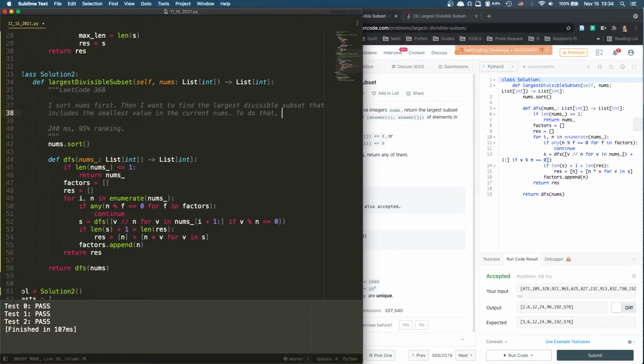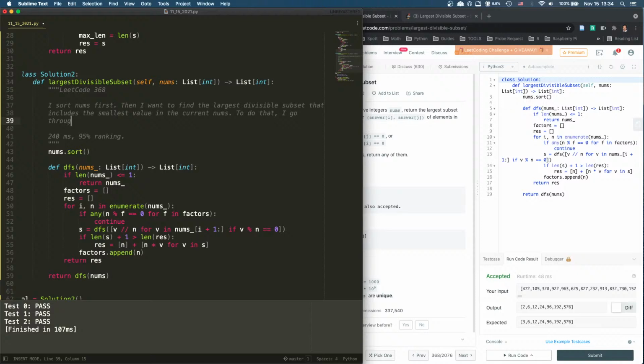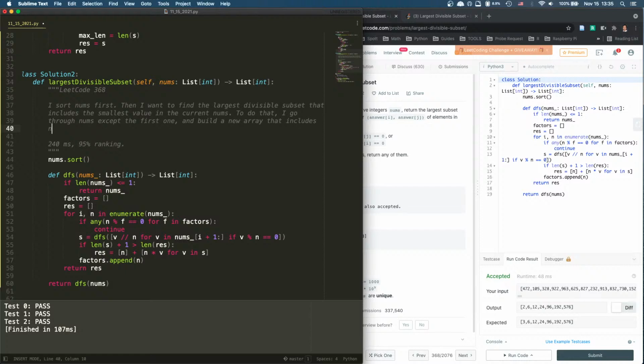To do that, I go through the remainder. I go through nums except the first one, and build a new array that includes numbers divisible. Okay, let's do this.